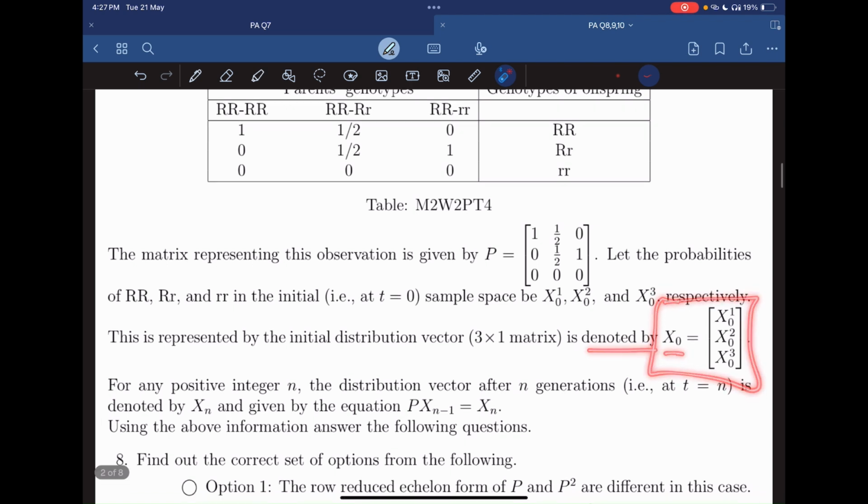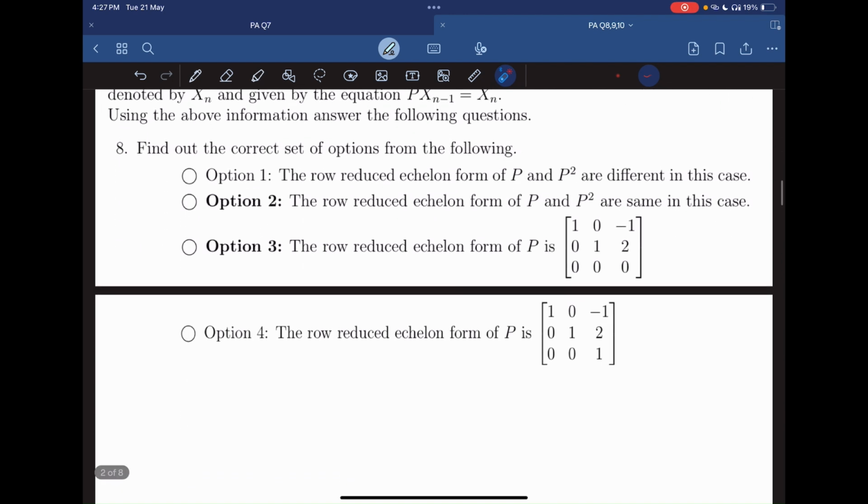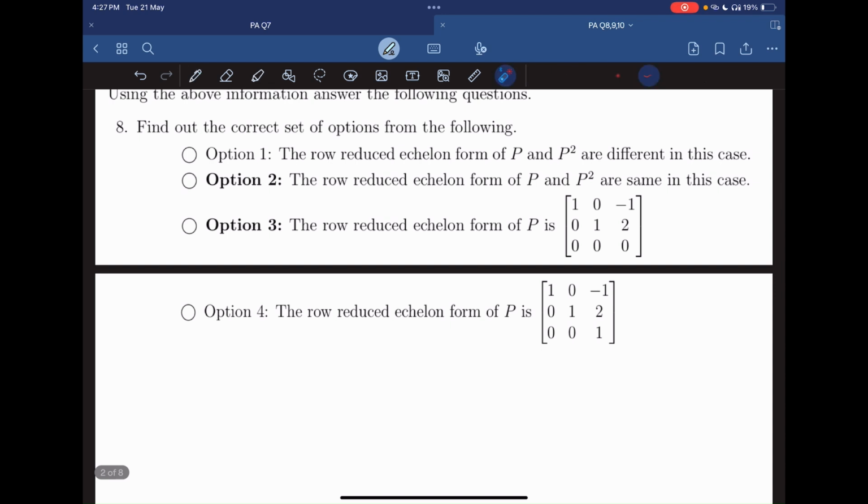For any positive integer n, the distribution vector after n generations at t equal to n is denoted by xn and given by the equation P times xn minus 1 is equal to xn, where P is the matrix given above. Using the above information, answer the following questions. So first, let's look at question number 8. Question 8 says, find out the correct set of options from the following. So they are asking about the RREF form for P and P square.